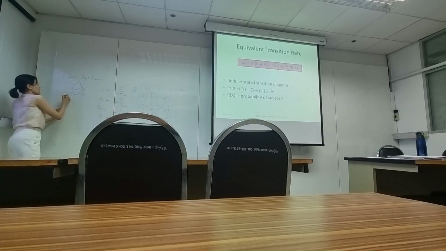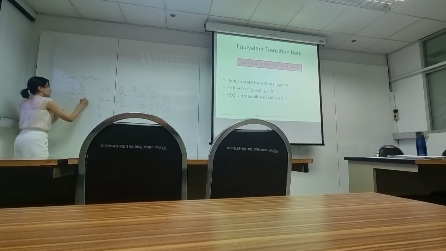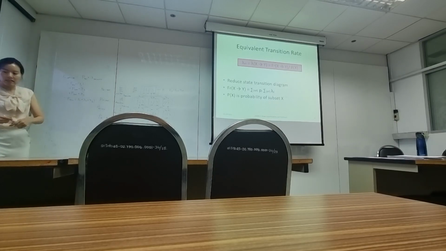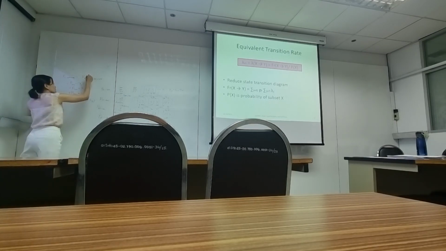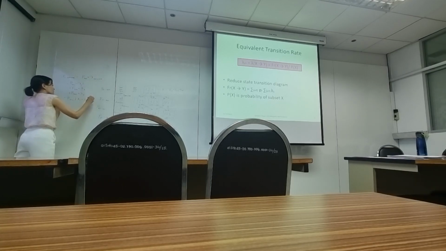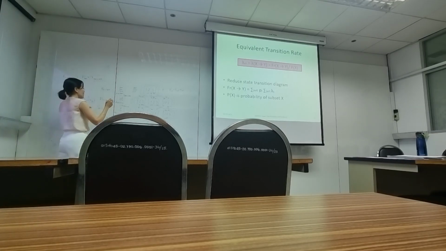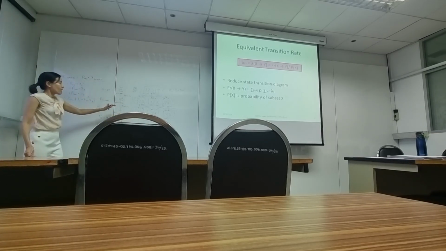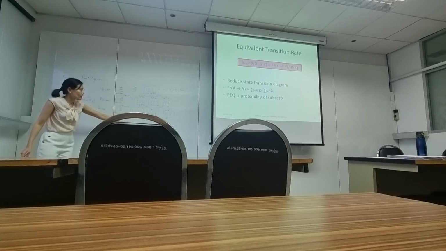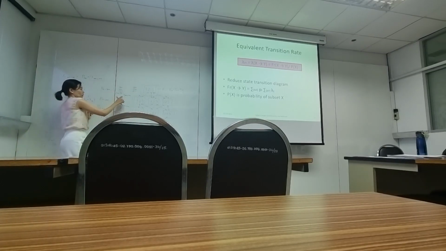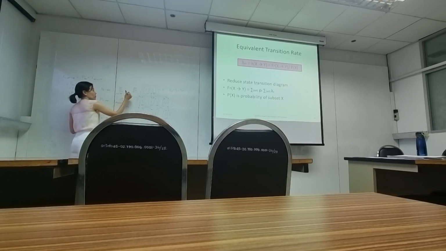So in a sense, you will see that the equivalent transition is actually here. So what you do is you can represent the transition diagram here with this, with lambda 300 to 200 equal to lambda 1 plus lambda 2 plus lambda 3.